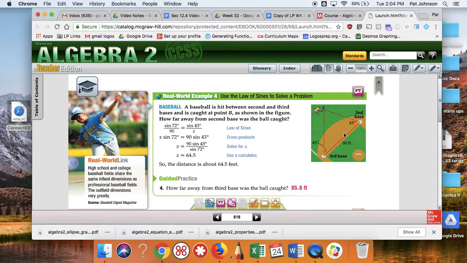Now this angle is across from 90, which is given. So sine of B divided by 90 is equal to sine of 43 over x, because this is what we're looking for. Now we just use the algebra. Use the butterfly method and solve for x, and x is approximately 64.5 feet. All right, do the homework problems, and we'll see you in class.